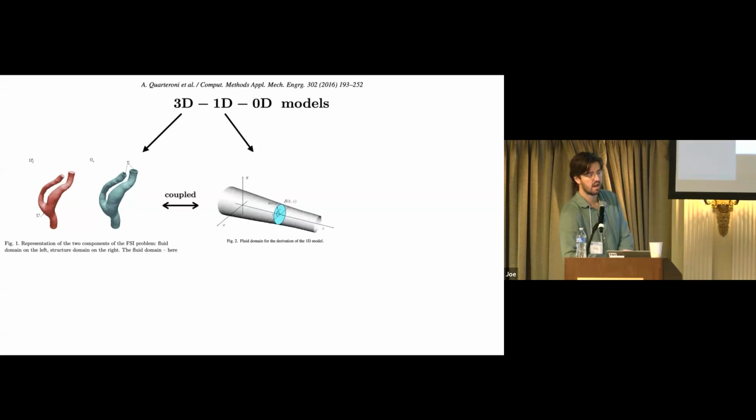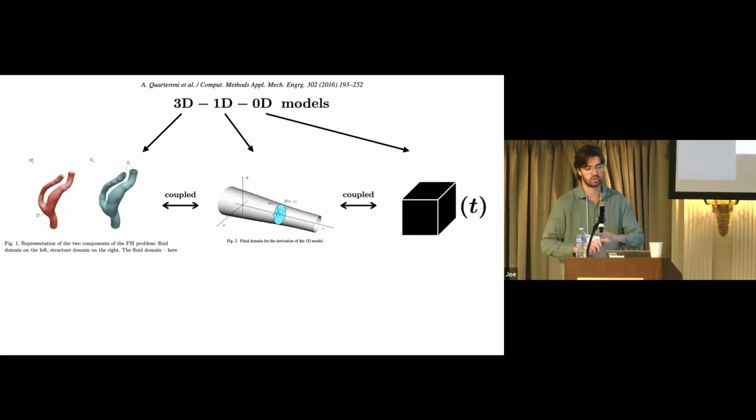As the complexity reduces down into the arterioles, capillaries, venules, you can start making assumptions about the flow, linearizing Navier-Stokes and assuming angular symmetry, things like this, and you can reduce it to 1D equations along the vessels. And then finally, there are certain areas where you can treat it as a black box, and we get rid of all spatial dependence.